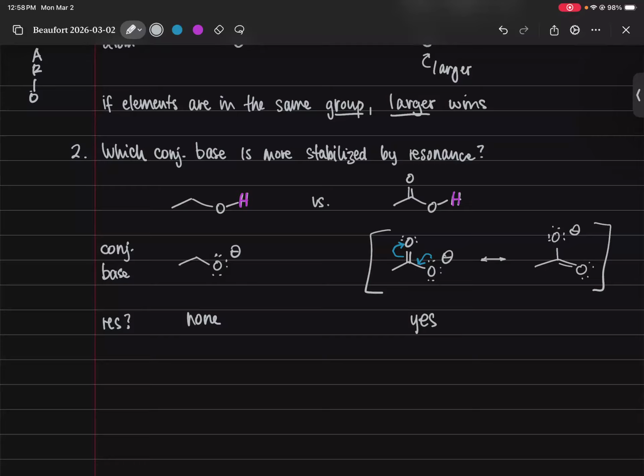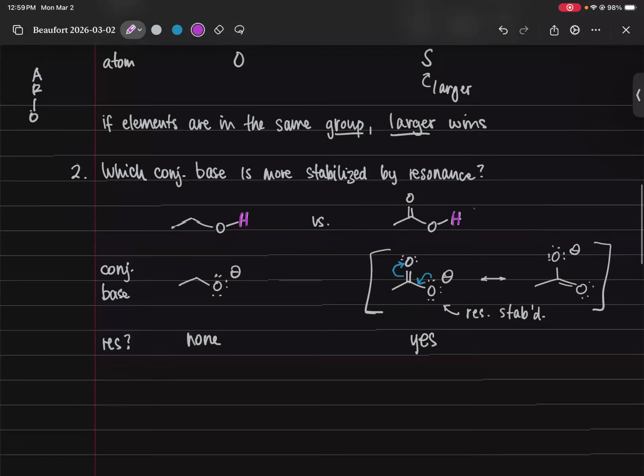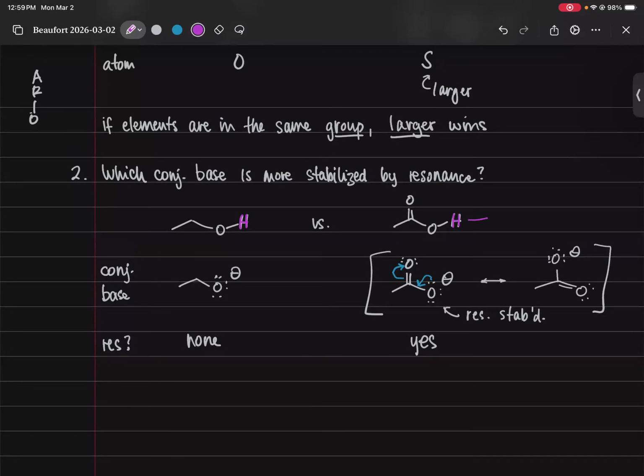The negative charge sort of exists in two possible places. Really, it's sort of spread out across the whole molecule. All right, and so this structure is resonance stabilized. And the conjugate base that has more resonance stabilization is going to be the stronger acid.